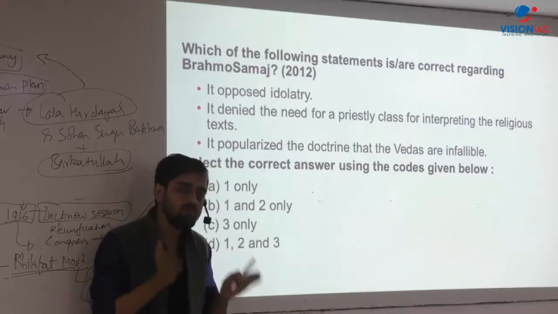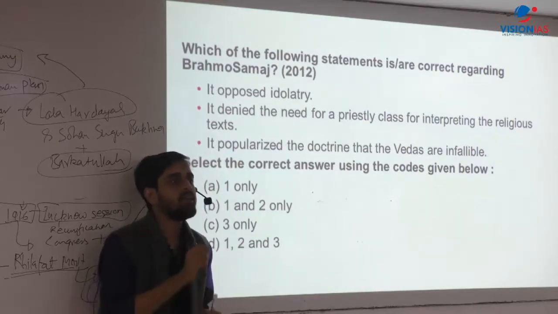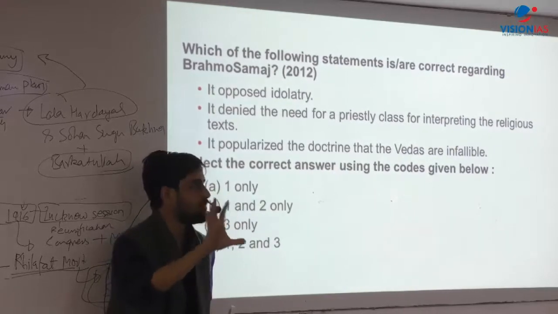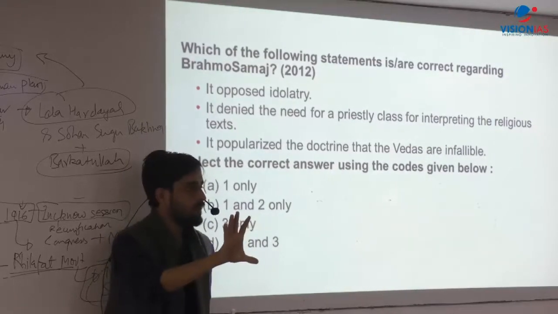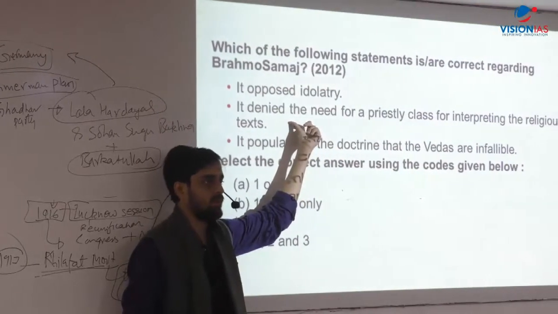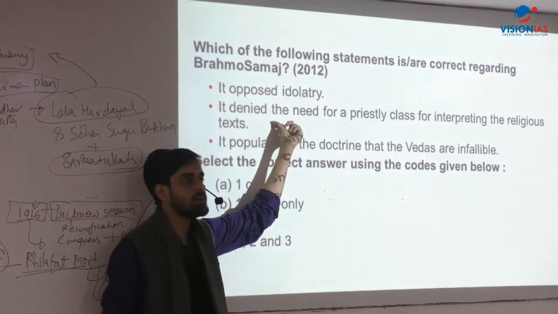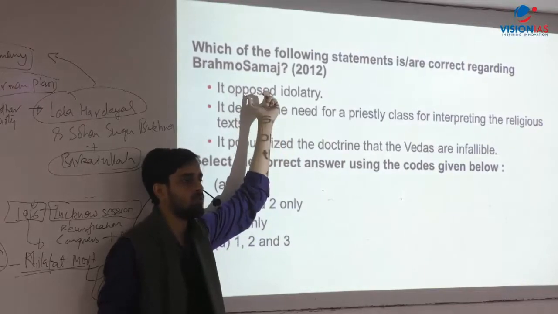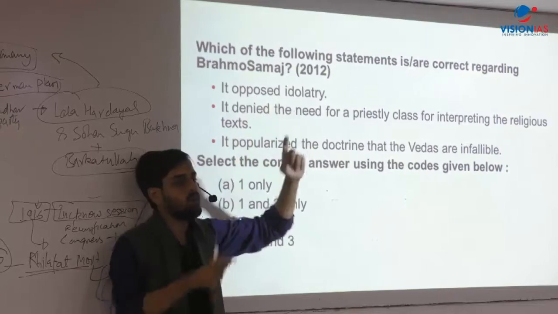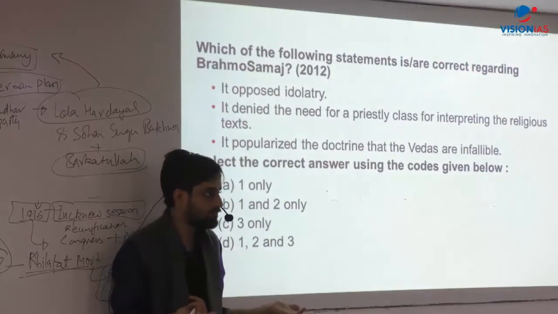How is that possible? You should think in this context that the Brahmo Samaj stood for rationality. If by the idea of rationality, they opposed the intervention of the priestly class, the idea of rationality also opposed the worship of idols. Right? That God cannot take an anthropomorphic form.